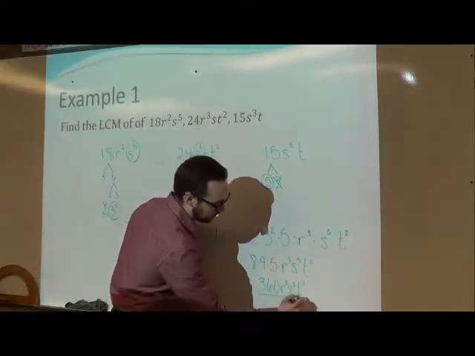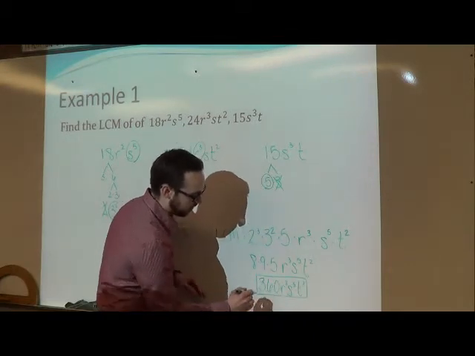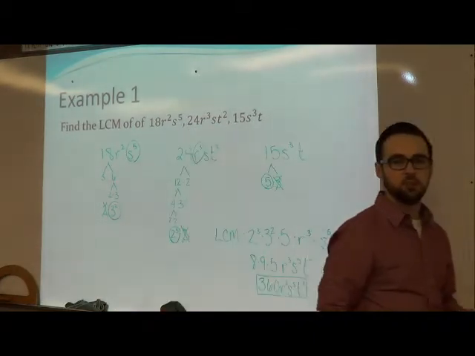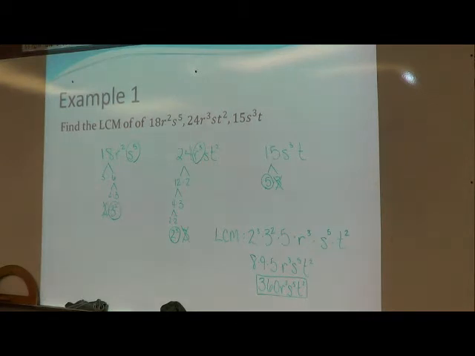Now ours will not typically be that lengthy. When we're looking for fractions, we're not usually going to have that complex of denominators. This is just to give you an idea of what we're doing in looking for the least common multiple. So remember, the least common multiple means all three of those things have to go in it. So you're looking at the prime factorization and picking the highest exponent value.